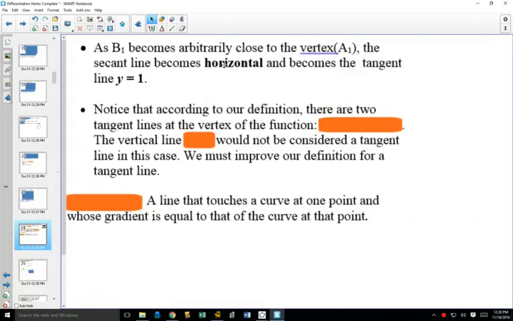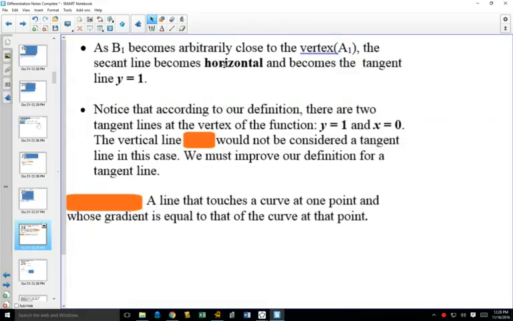Now, according to our original definition of a tangent line, cutting a circle only at one place, or cutting a function only at one place, could you see that you could cut by going straight across or going straight up and down, would cut it at 1 point. Now, the tangent is only the flat one, not the one straight up and down.